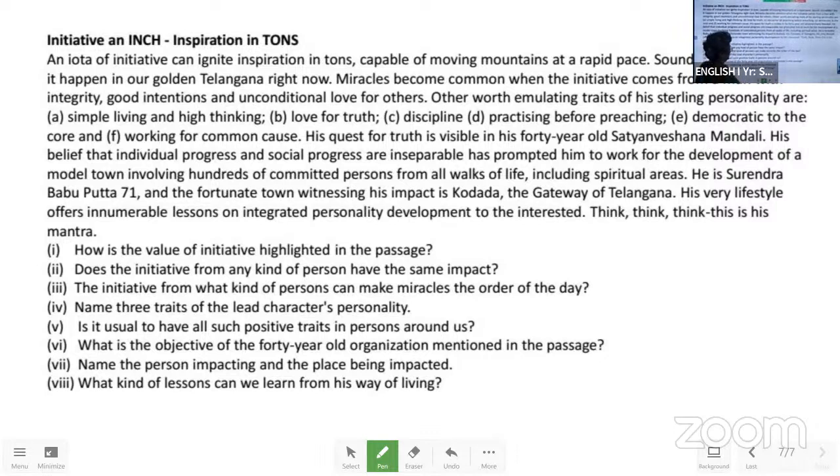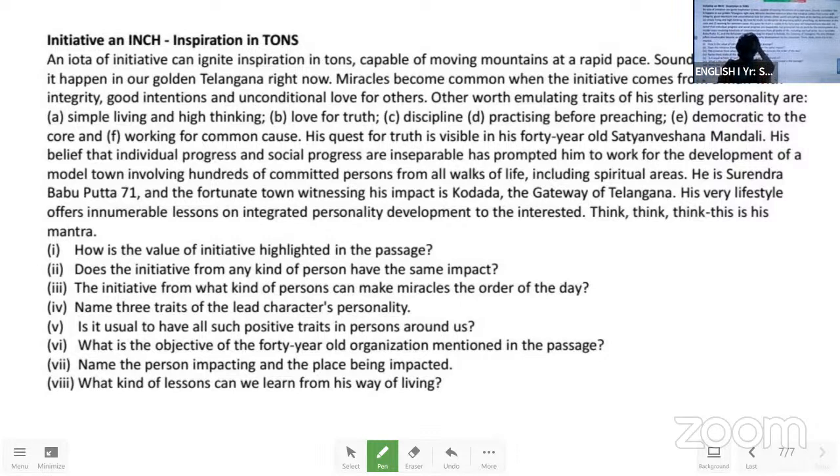Think, think, think. This is his mantra. So if you think and come up with any initiative, you can make a lot of progress. So how is the value of initiative highlighted in the passage?